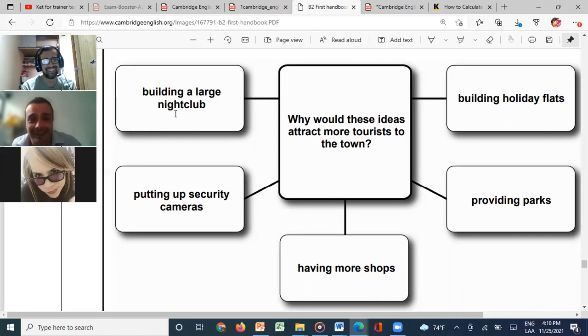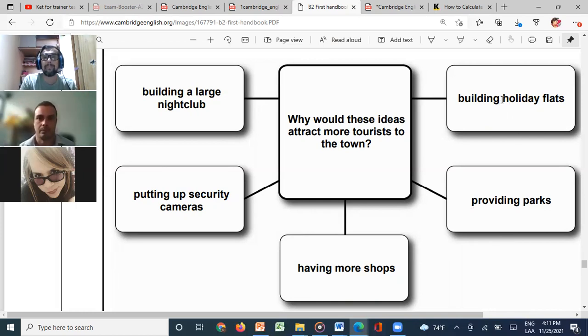Estrella, doing the exercise because the time is short. Okay. Well, you are interacting now, so that's perfect. I want the ideas to. For example, you need to talk about these different ideas. Why, for example, why building a large nightclub can attract tourists to your town, or what putting up security cameras will attract tourists to your town, or how having more shops can attract people in your town, or how providing parks or building holiday flats.